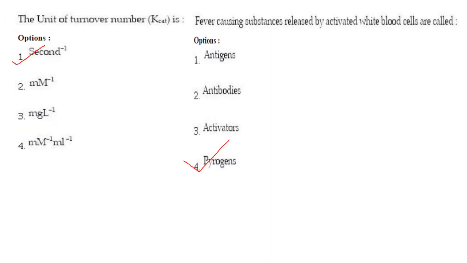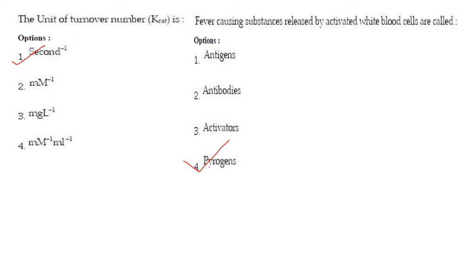Next one. The unit of turnover number, that is kcat, is option 1 second raised to minus 1, 2 millimolar raised to minus 1, 3 mg per liter and fourth one millimolar per ml. Answer is option 1 second raised to minus 1.